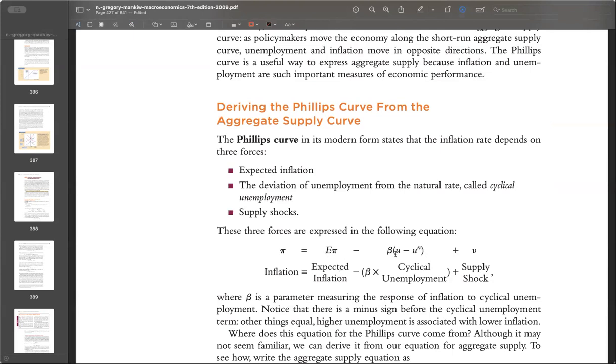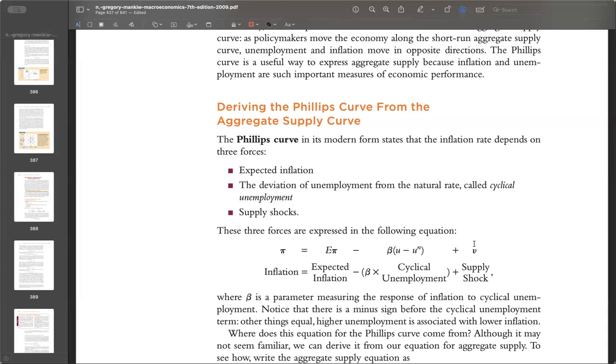This one is the gap between the unemployment rate and the so-called natural unemployment rate. And this gap is the cyclical unemployment component of business cycles. And the beta here is the effect on inflation of changes in the cyclical unemployment.